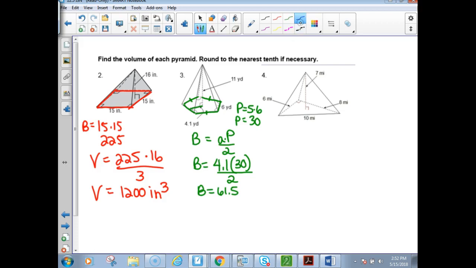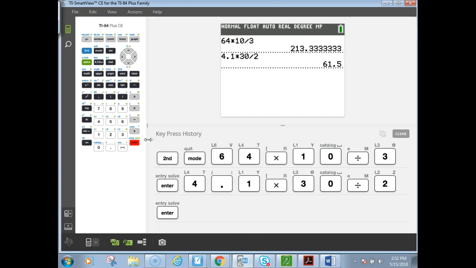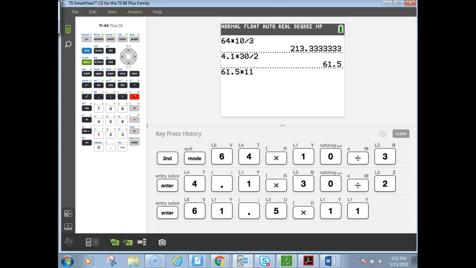Okay, now to do the volume of the prism. Volume is area of the base, 61.5, times the height, which is the 11, divided by 3, because it's pointy, a pyramid. So on my calc, I type 61.5 times 11 divided by 3.